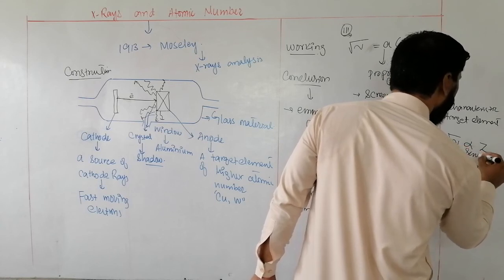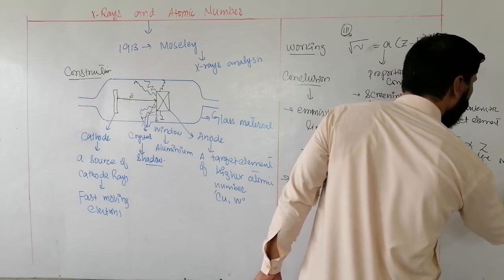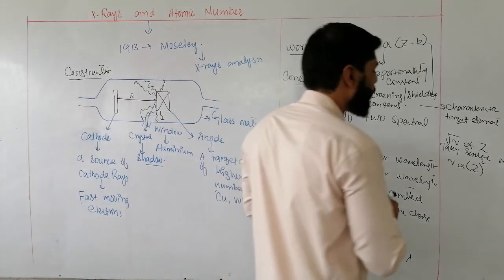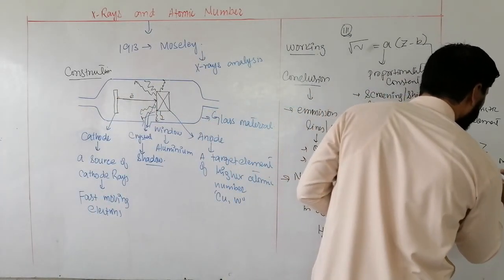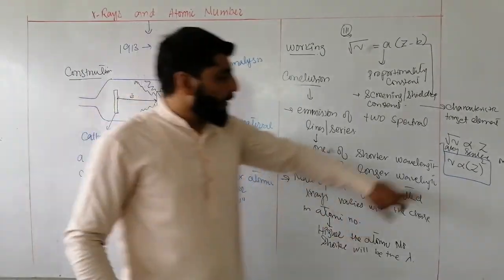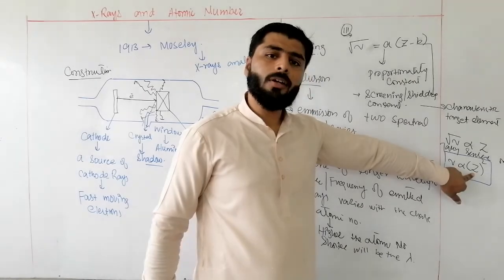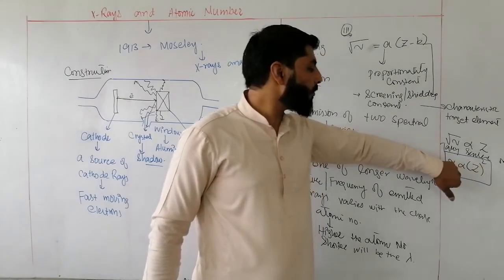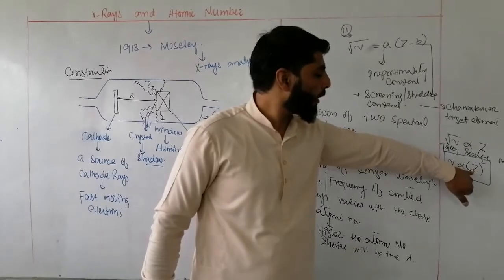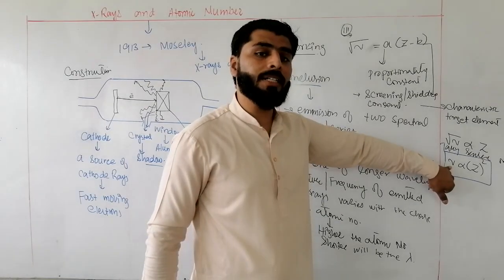Taking square on both sides, frequency nu will be directly related to the square of atomic number. Greater the atomic number, square times greater will be the frequency.